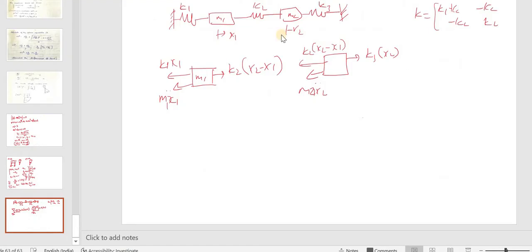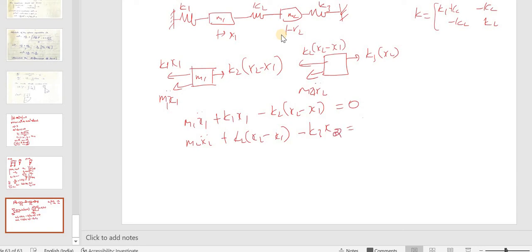I am writing this equation: m1 x1 double dot plus k1 x1 minus k2 into x2 minus x1 is equal to 0. Next one: m2 x2 double dot plus k2 into x2 minus x1 minus k3 into x2 is equal to 0.